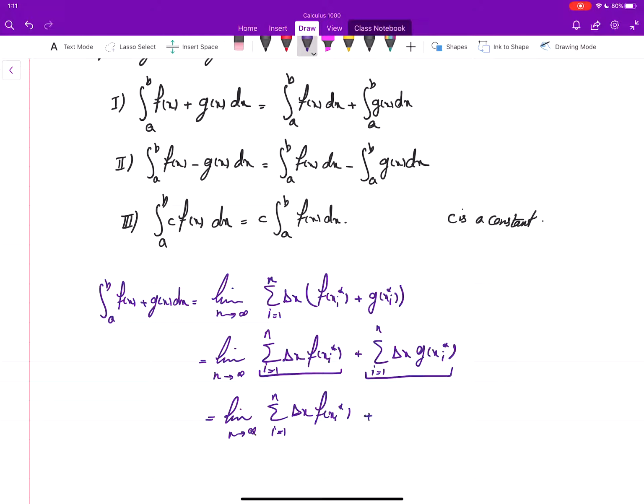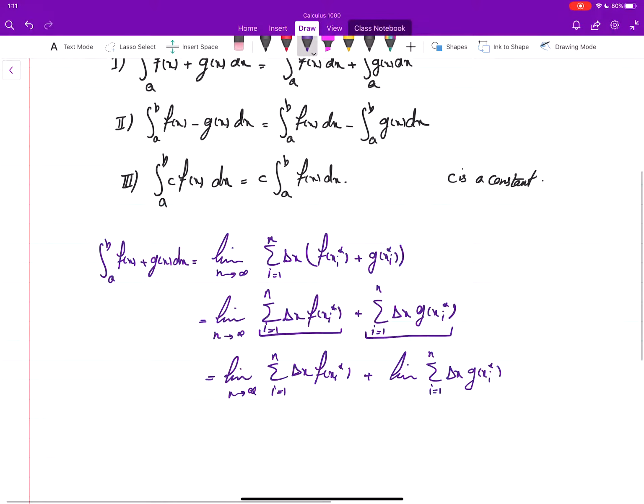And this way we find a very nice proof of what we saw up there. The first part is the integral of f of x dx from a to b, and the second one is the integral of g of x dx from a to b. The same proof goes if there is a minus there; this will be minus.